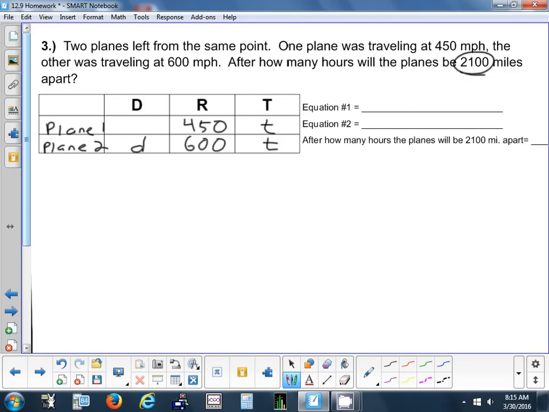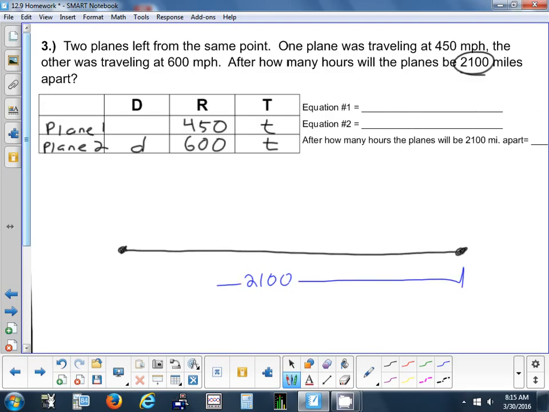Okay, now let's draw a diagram. We want to know when the two planes are 2,100 miles apart. That's what we want to know. And we know one of them is going to travel farther than the other. So let's say maybe they start right here.